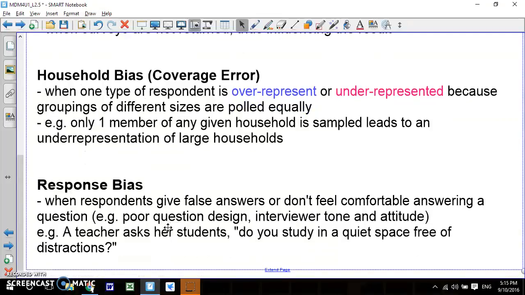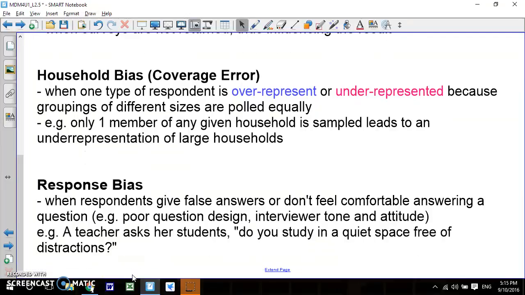And the last type of bias is called response bias. Response bias is when respondents give false answers or don't feel comfortable answering a question. This may be due to the fact that the questions are poorly designed, and leading questions could be a very common mistake in questionnaire design. It could also be due to the role of the interviewer or the interviewer's tone and attitude.